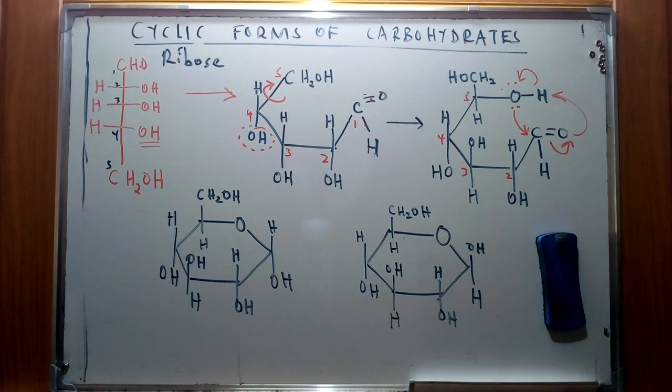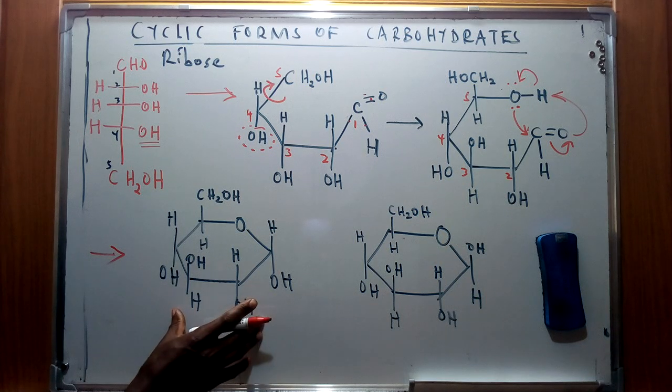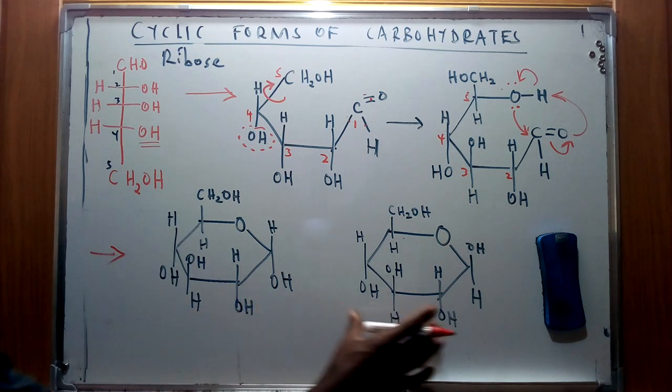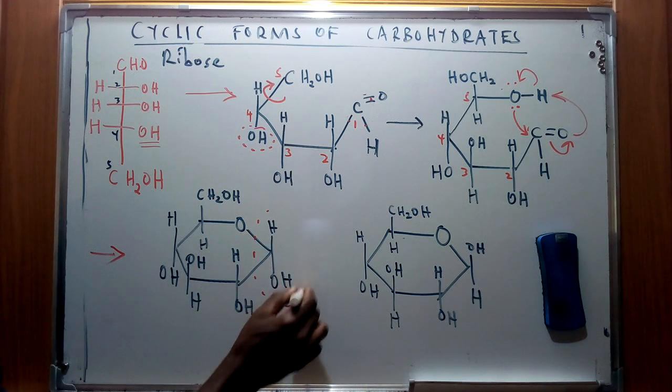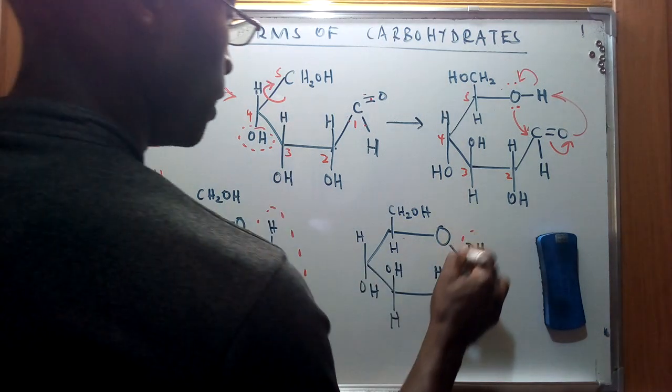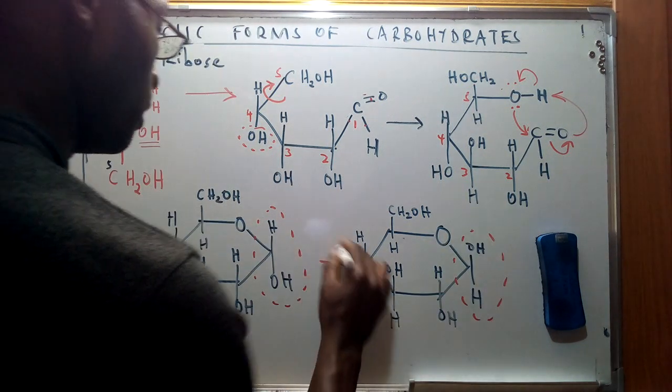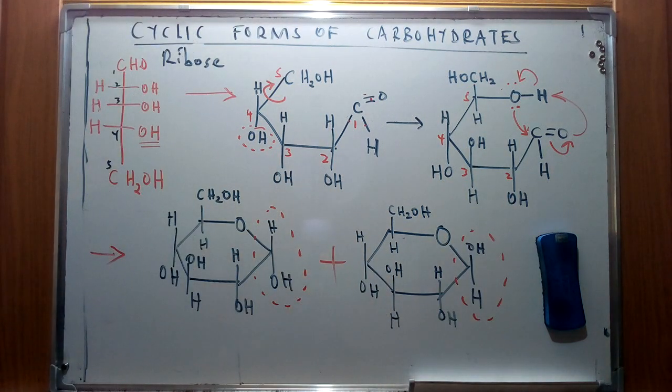So if we try to compare these two products, this specific rearrangement is basically the same as this, only that there's a difference in the spatial arrangement of this specific OH on that carbon. So this is the first and the second product respectively.